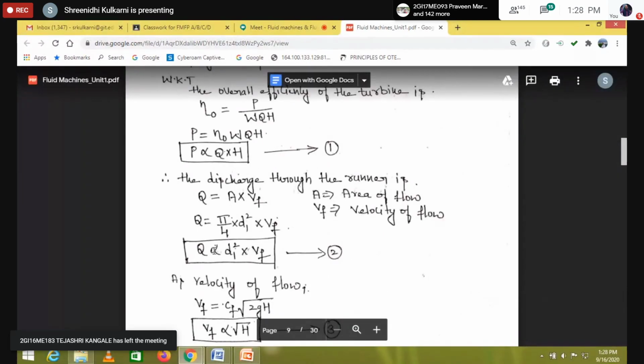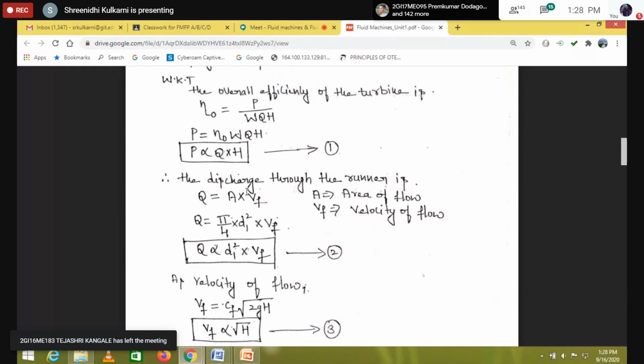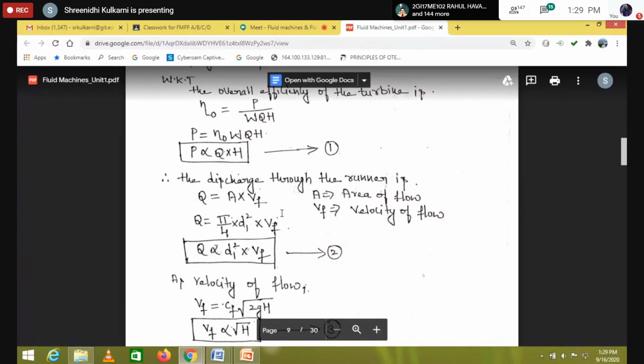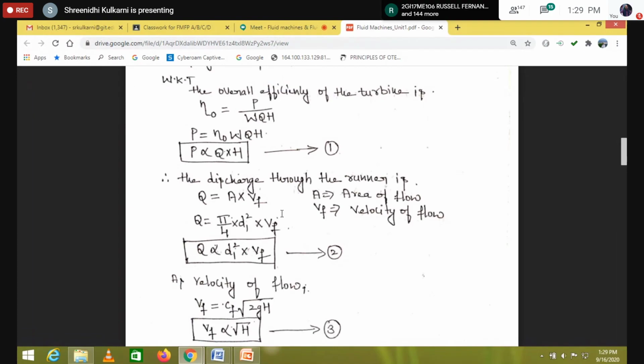Yes, sir. Okay, see, suppose I consider the discharge through the runner. Q is equal to area into velocity. I can't write the area directly here, so what I will do is write it as pi by 4 into D square. This is the area. The discharge through the runner, or the rotor, is varying; it is not a constant.